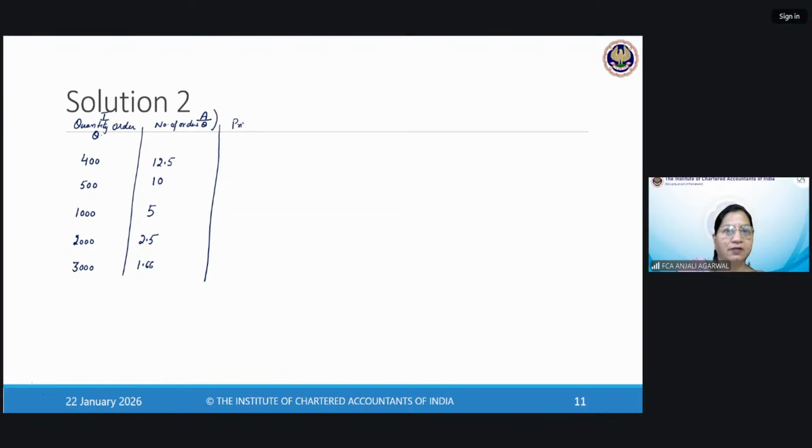Price of the raw material, I'll make another column. Because there are successive discounts, at 400 it is costing me 1,400, 1,380 per ton, 1,360, 1,340, and 1,320.